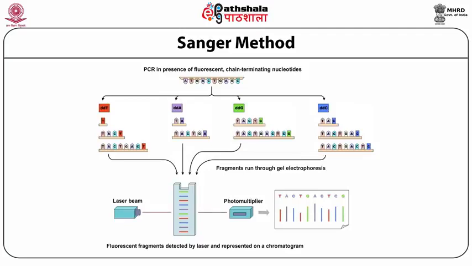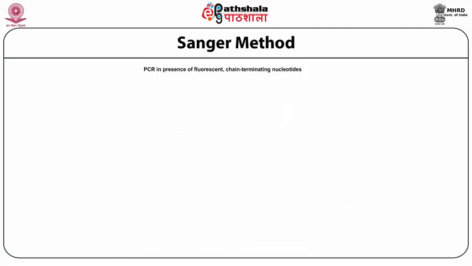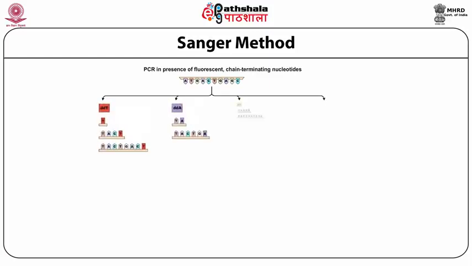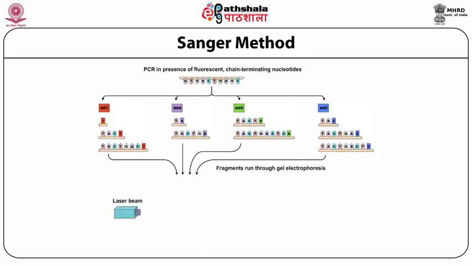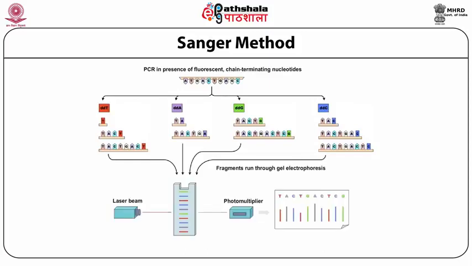So wherever they are inserted, that will result in termination of the chain, and these ddNTPs are labeled with fluorescent dyes. So when these reactions are run in capillary electrophoresis, they can be read by a laser beam, and that will give the required sequence of nucleotides.